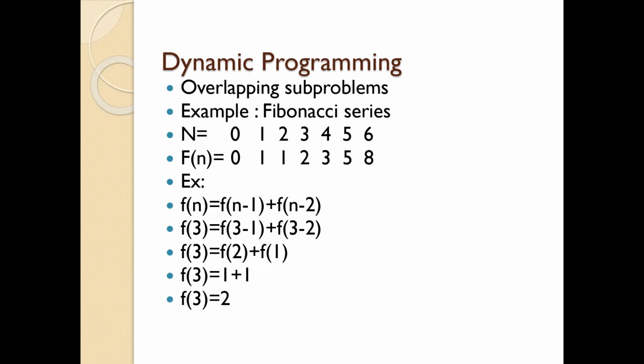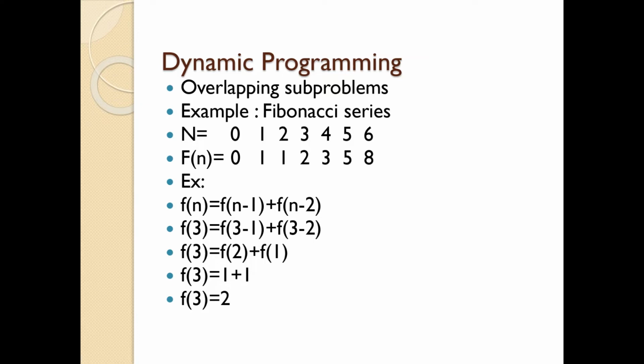Here in dynamic programming we also consider overlapping subproblems. For example, consider the Fibonacci series, with n equal to 0, 1, 2, 3, 4, 5, 6. For n equal to 0, f of n is 0, and for n equal to 1, f of n is 1.